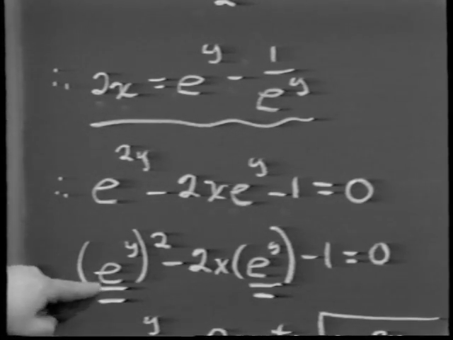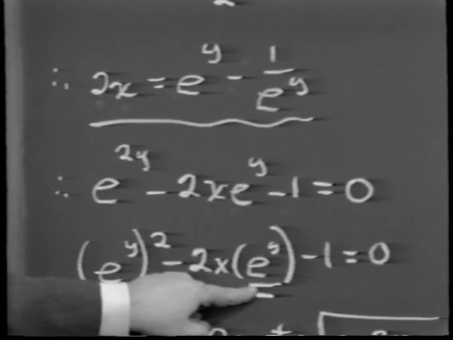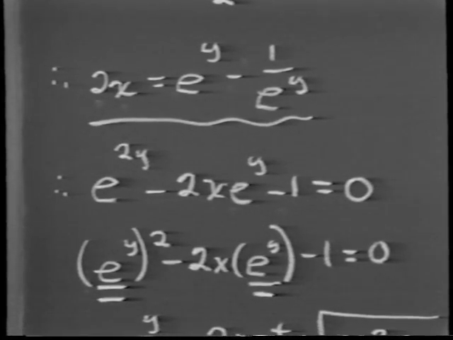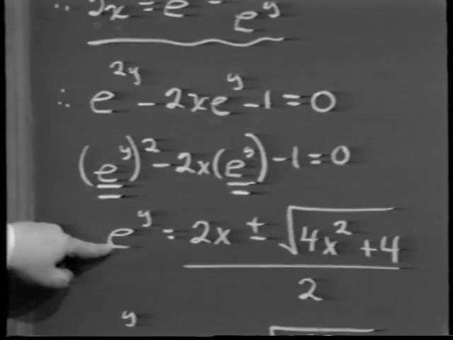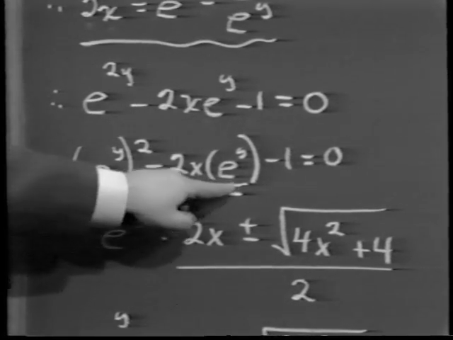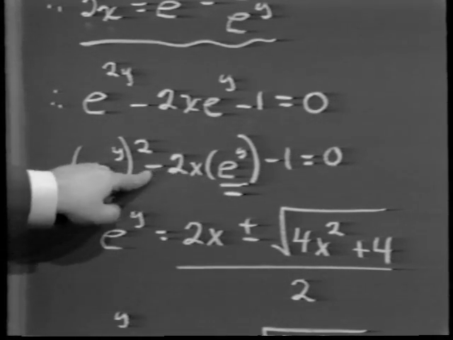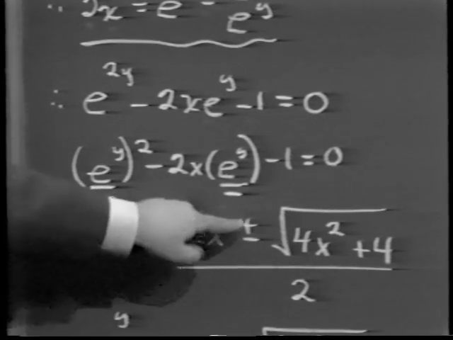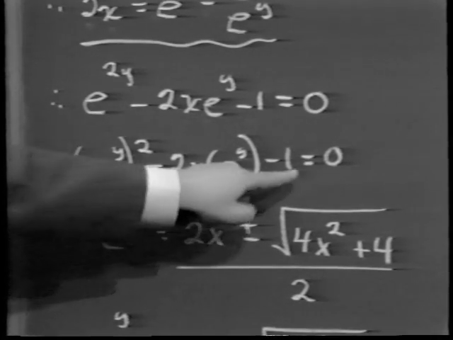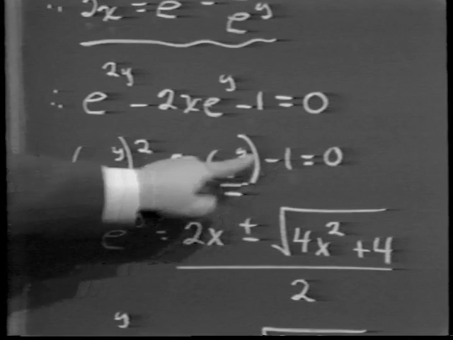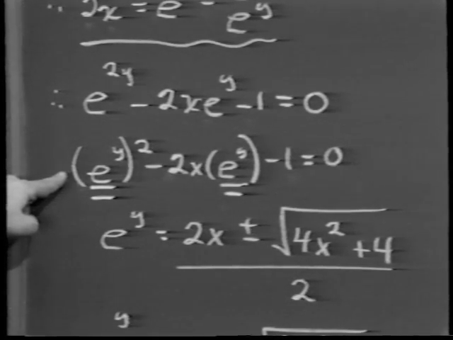Now, since I have a quadratic equation in e to the y, I can use the quadratic formula to solve for e to the y. If I do this, I get what? Remember how this thing works. I take the coefficient of this term minus that, that's 2x, plus or minus the square root of this squared minus 4 times this times the coefficient of e to the y squared.